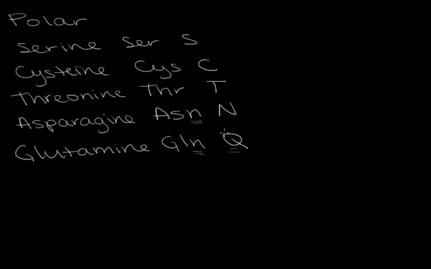Okay, let's go into the R groups. A lot of these have either amines or hydroxyl groups. So serine, the R looks like this. Cysteine is an interesting one because this has a free SH group on the end that can form disulfide bonds.